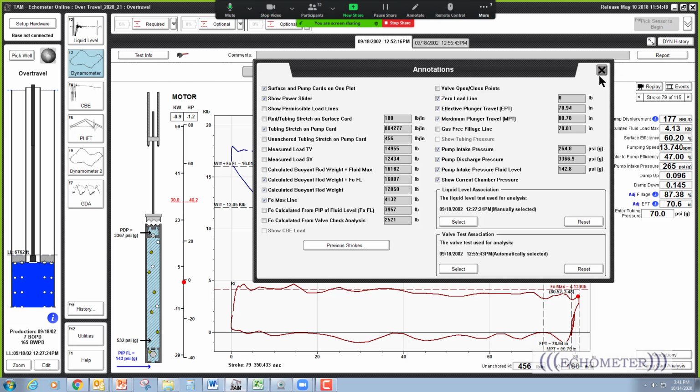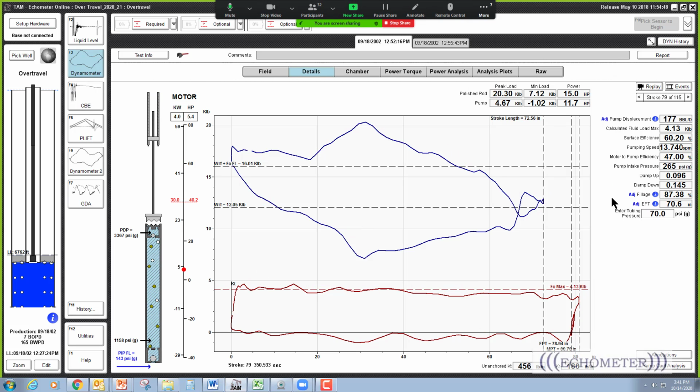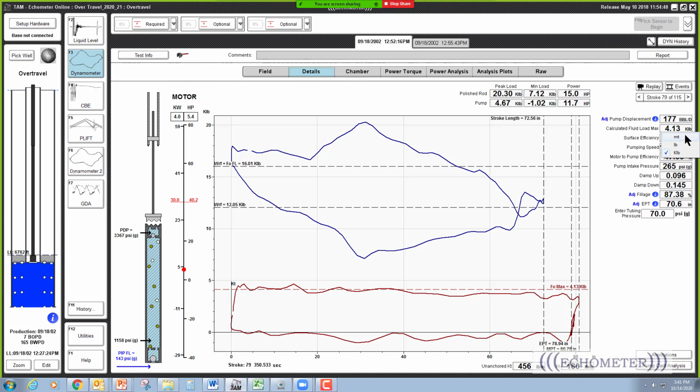The fluid load max is 4,132 pounds, so for every 180 pounds, we're losing an inch of stroke.